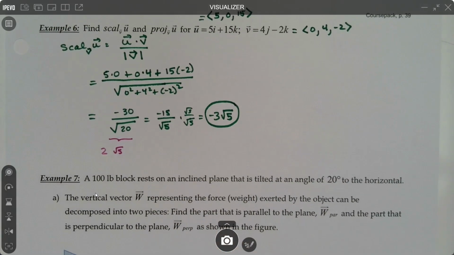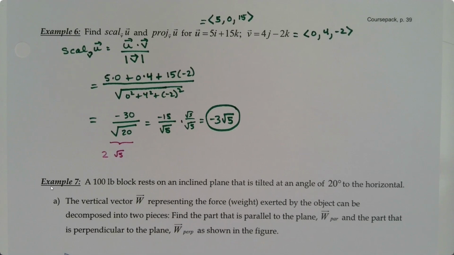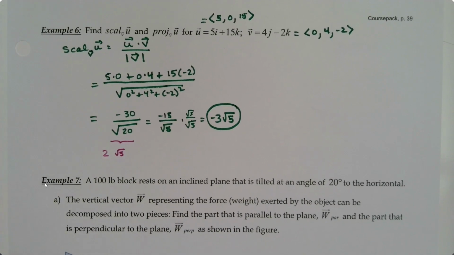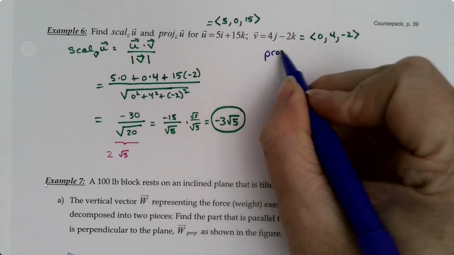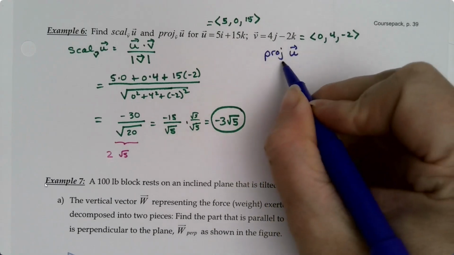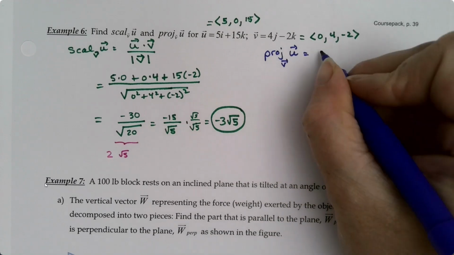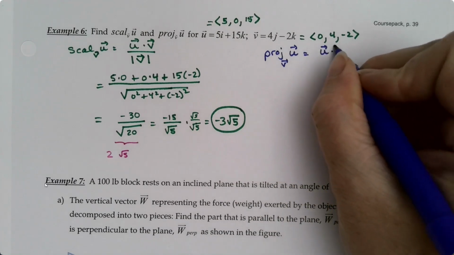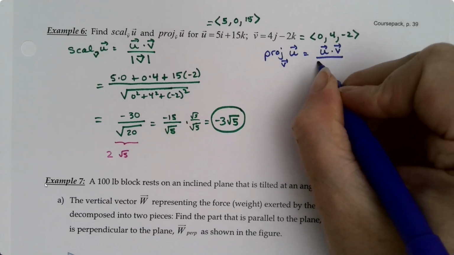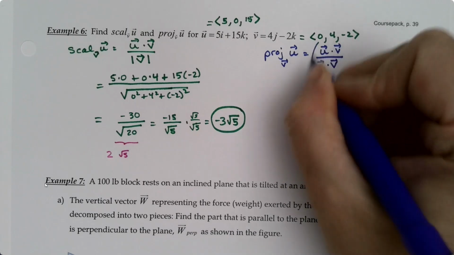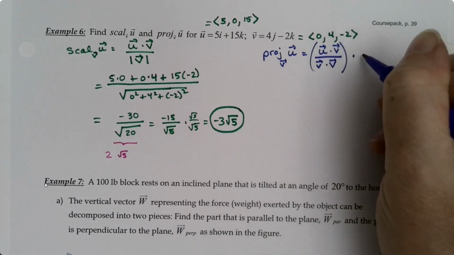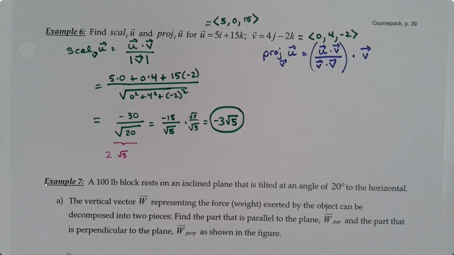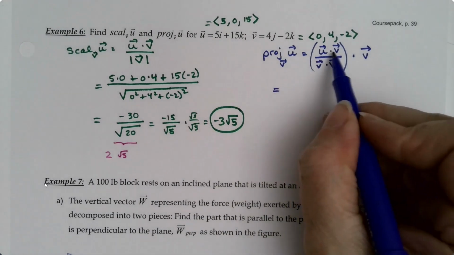Okay, so now what about the projection? The projection of u onto v is the dot product of u and v over the dot product of v and v, or you could just take the magnitude of v squared, that also works, and then multiply it by the vector v. We already know the dot product of u and v.